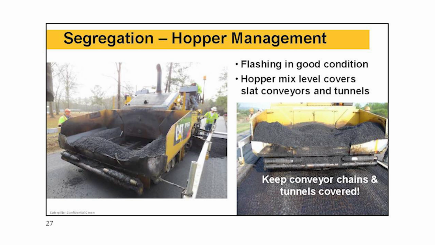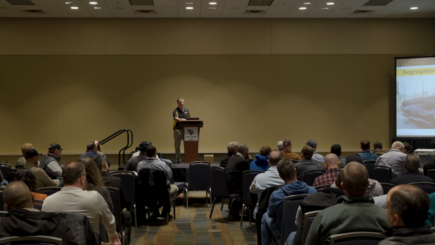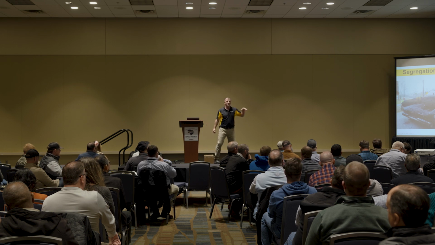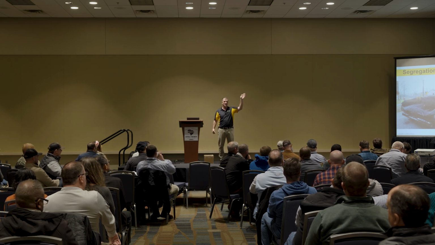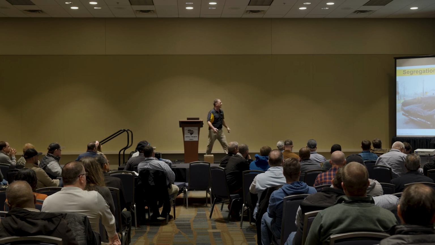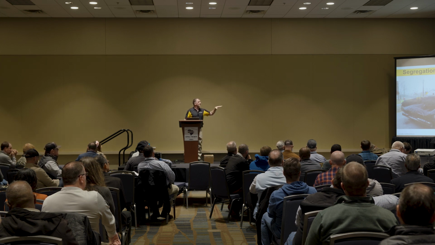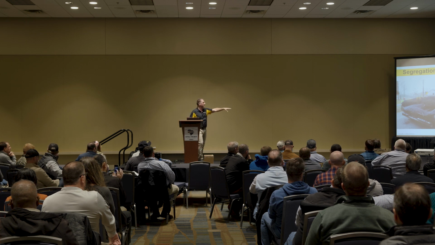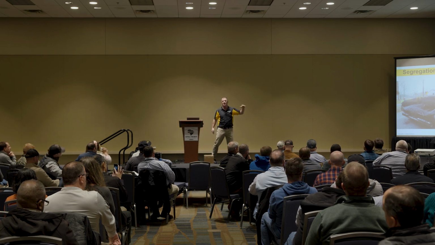So when we're talking about segregation, running that hopper low in between trucks, or even if we're using a transfer machine, right? It doesn't have to be in between trucks. You all see that once in a while? Hopefully it's only once in a while or never. But one thing we want to do here to minimize segregation is always keep those chains or those conveyors covered in the hopper.